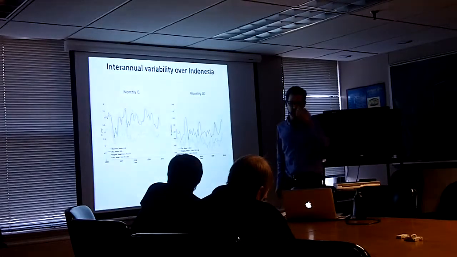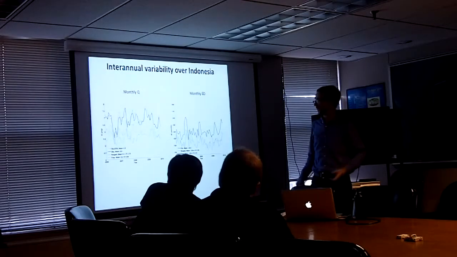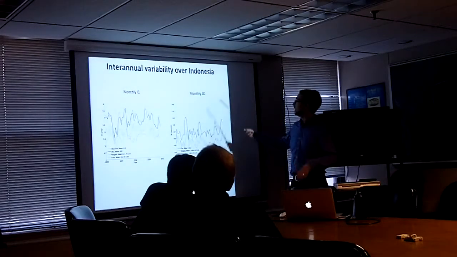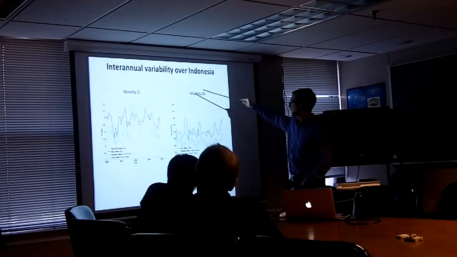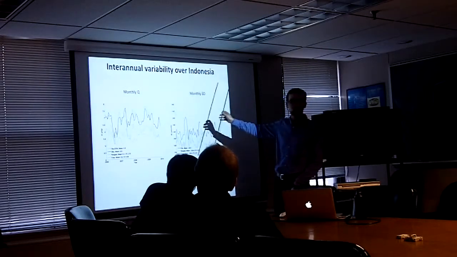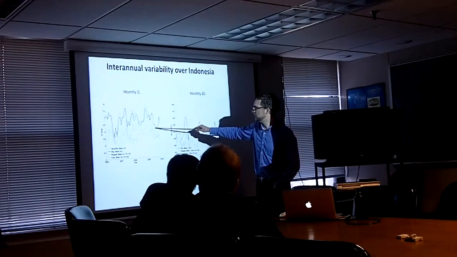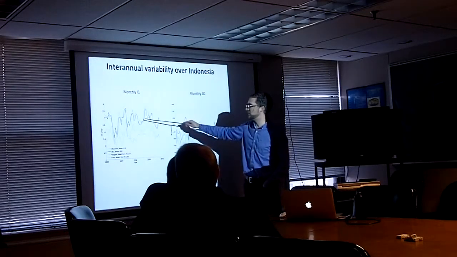And so where we're going with this is to look at individual processes. I just wanted to see, for example, what is the isotopic signature. This is specific humidity and delta D over Indonesia, and there were two moderate El Nino events during the observed period. The black line is the TES specific humidity.